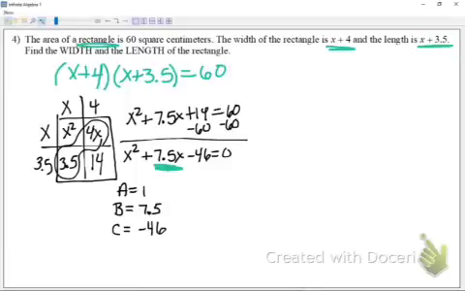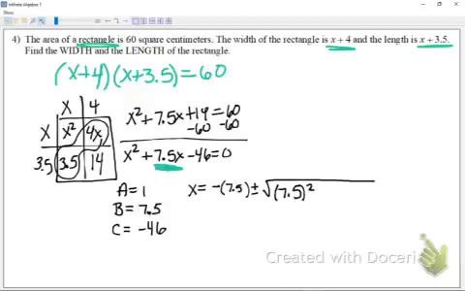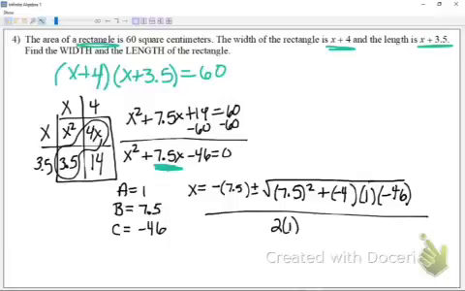My formula is going to say that x equals negative 7.5 plus or minus the giant square root of 7.5 squared plus negative 4 times 1 times negative 46. And all of that is over 2 times 1.